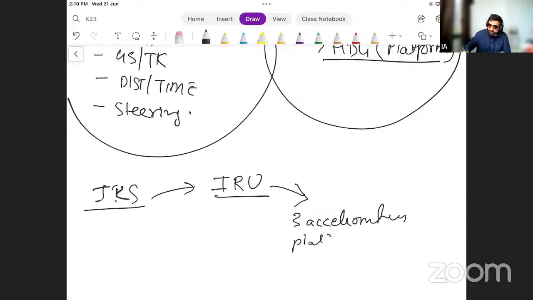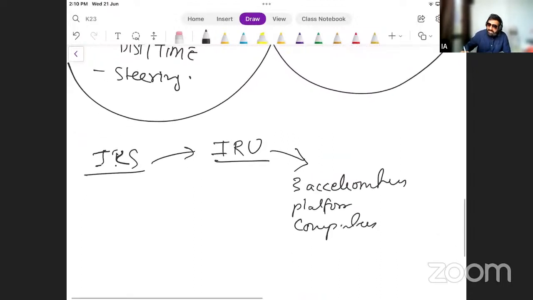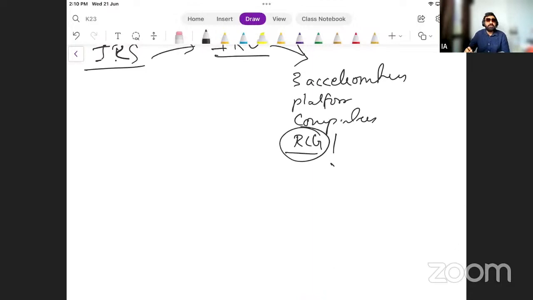Of course, I have platform, I have computers, and I have ring laser gyro. This ring laser gyro is a very advanced version of gyro where it uses light to give me the benefit of a single degree rate gyro. In short, it gives me a stable platform.